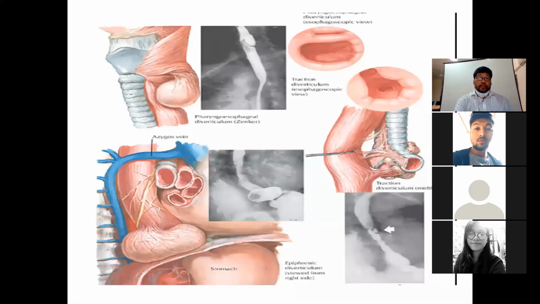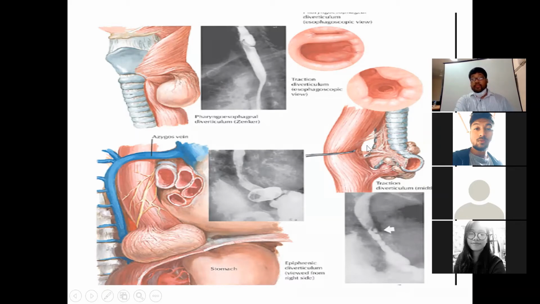So these are the different types. Here it is arising posteriorly and above the cricopharyngeal sphincter, that is Zenker's diverticulum. And here we can see this is the diaphragm. It is above the diaphragm, arising from the lower esophagus. So this is your epiphrenic diverticulum.